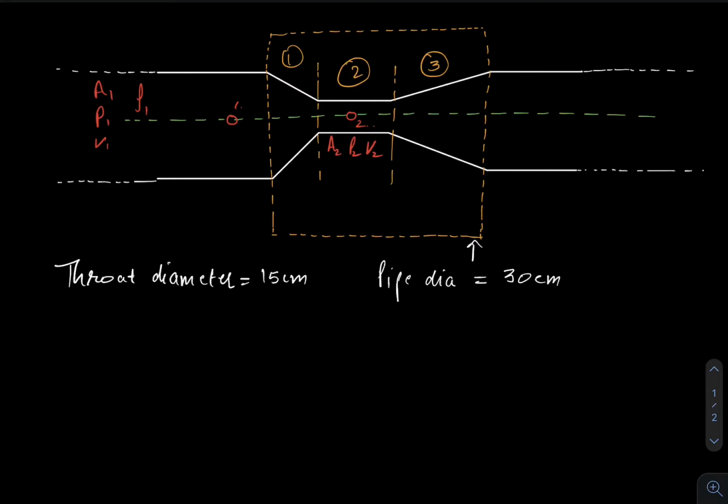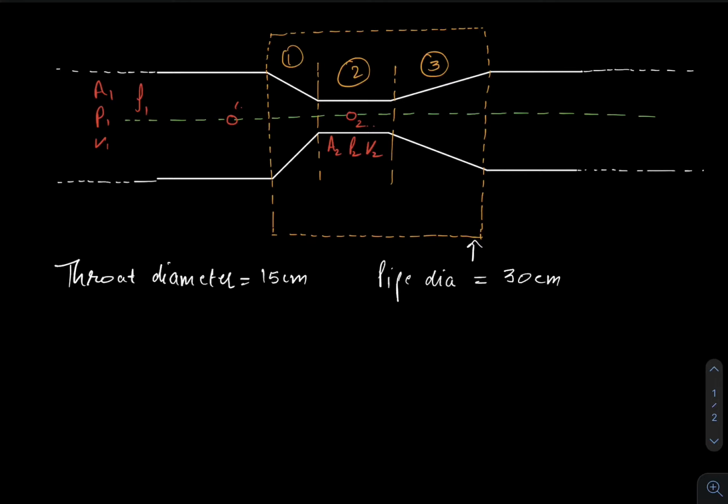And it is given that the pressure difference is measured between point 1 and 2 using the differential manometer. We have already studied about differential manometer in our class, right? So here the differential manometer is used to calculate the pressure head between point 1 and 2. Okay, so what is the head?